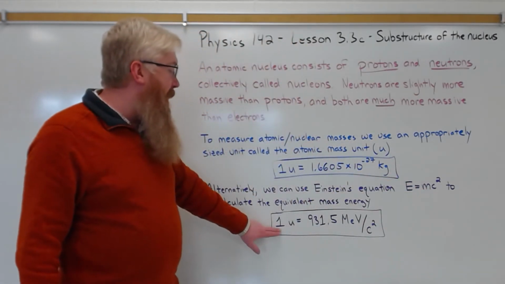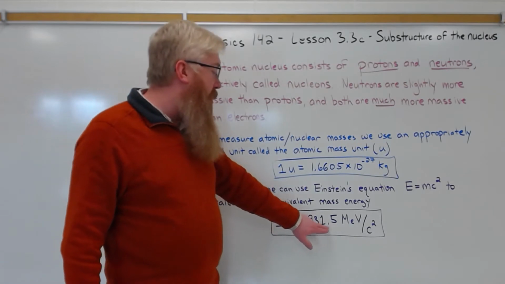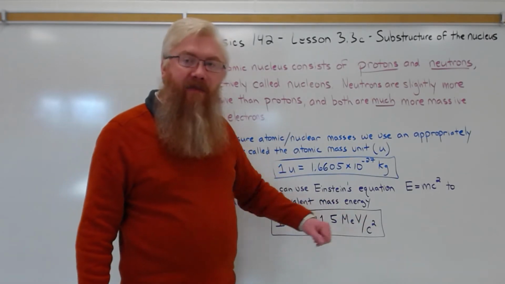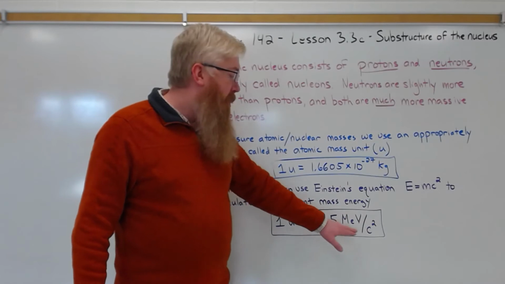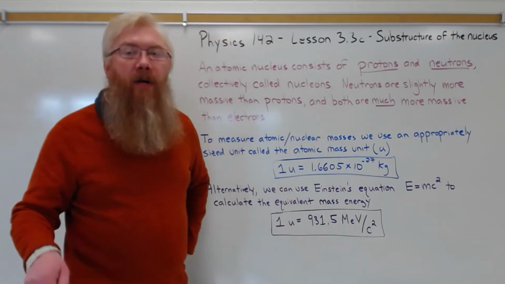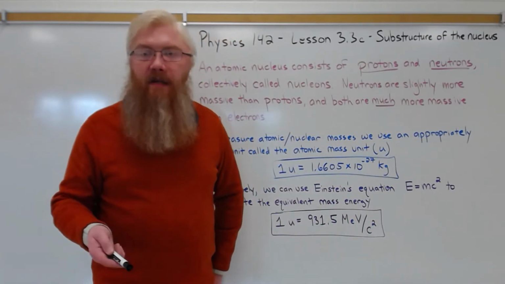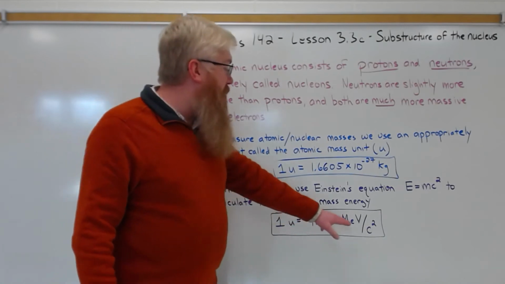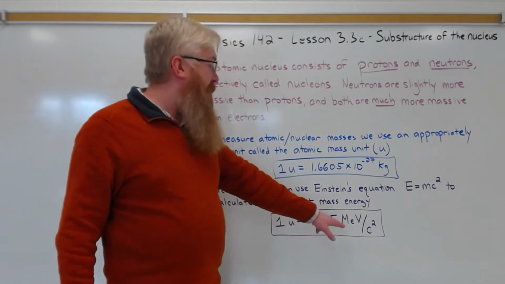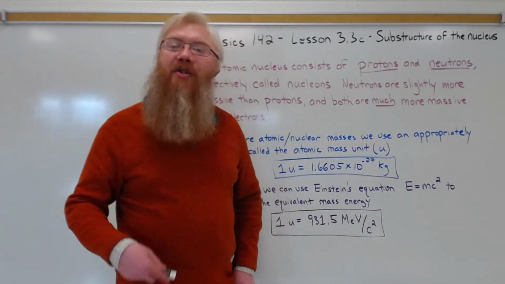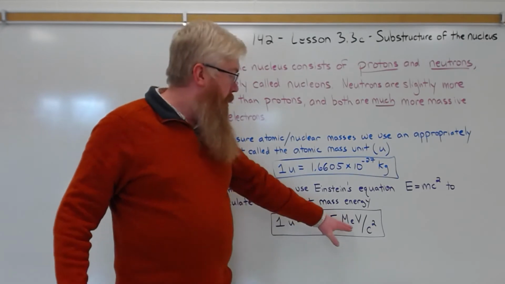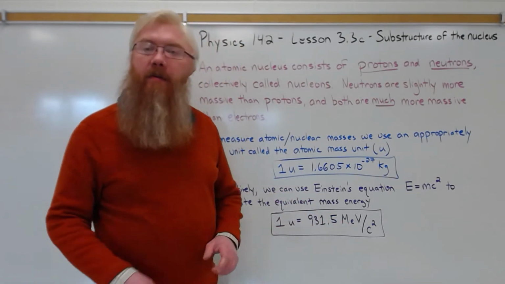So one atomic mass unit is 931.5 million electron volts, or MeV, over c squared. And again, c squared is just the speed of light squared. It's a constant. This is useful because it tells us approximately how much energy one atomic mass unit has.